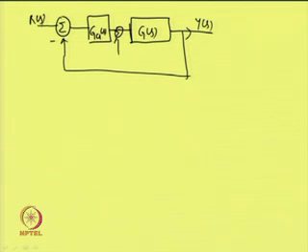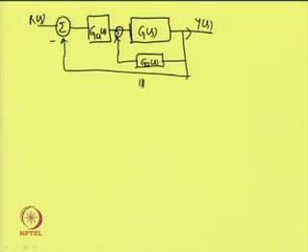Again, a controller in the inner feedback path given as GC2(s) is there. Now, this block diagram shows the representation for a series feedback control scheme.